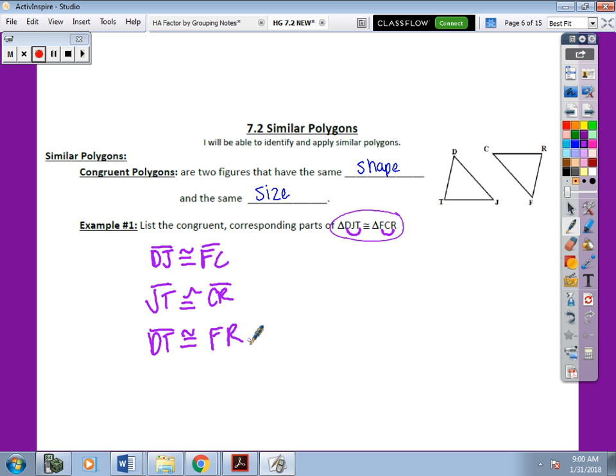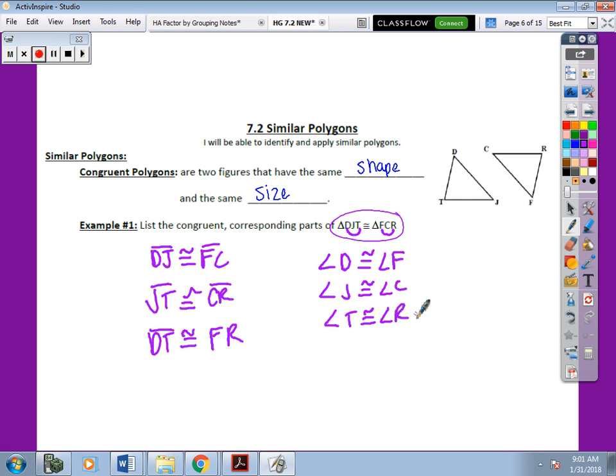So those are your three pairs of congruent sides. You also have three pairs of congruent angles. So angle D would be congruent to angle F, angle J congruent to angle C, and angle T congruent to angle R. So those are all of your corresponding congruent parts.